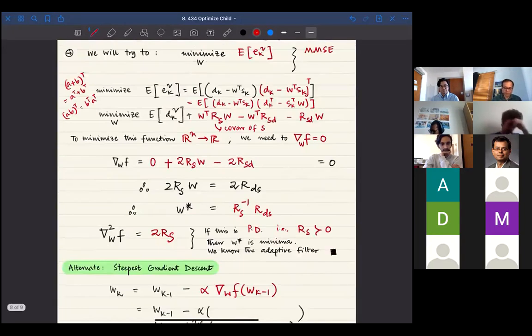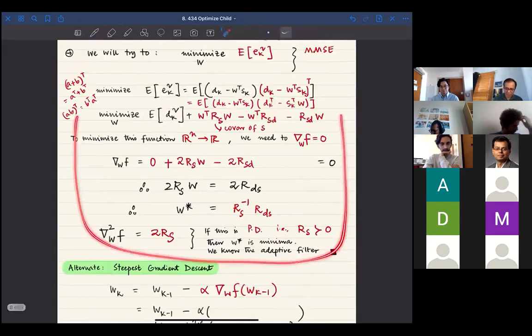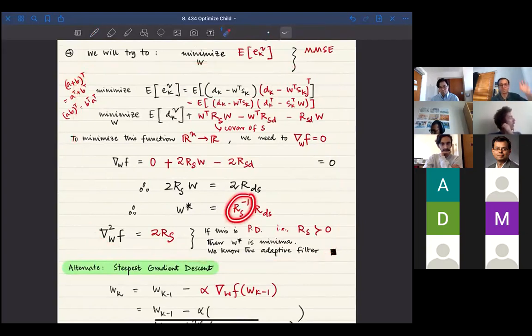If you do it the closed form way, you need to find what is RS inverse. First of all, we don't know what RS is. But even if someone told you that this is a sound coming from the airplane's engine, maybe in that kind of case you know RS.